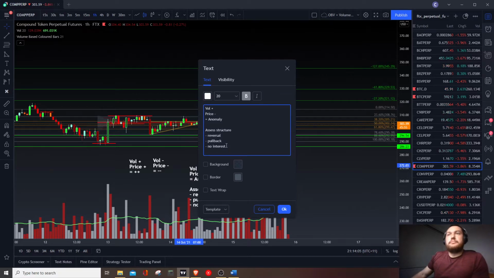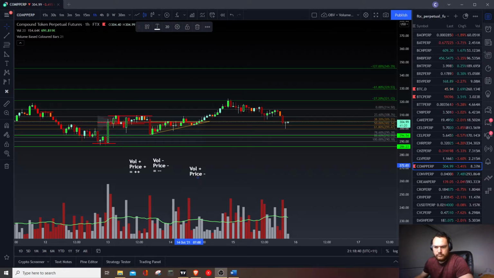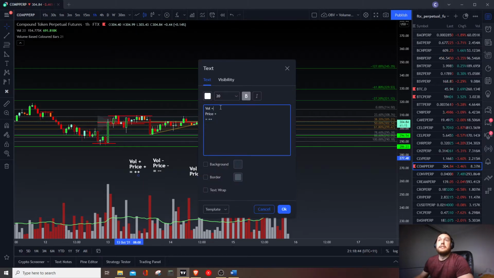What have I done here? I've done it the wrong way. Alright, so let's have a look. So volume's ascending, price is ascending, then price is going to move up. If volume is descending and price is moving up, then it's an anomaly.